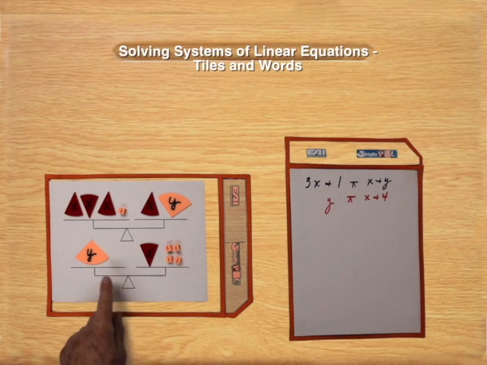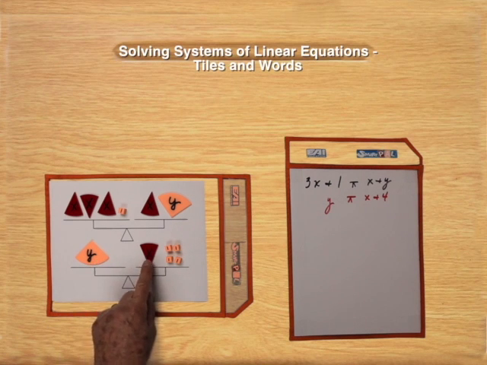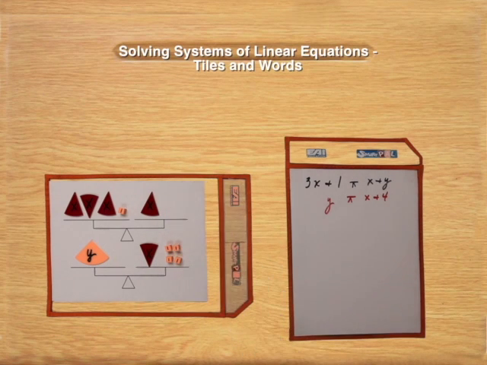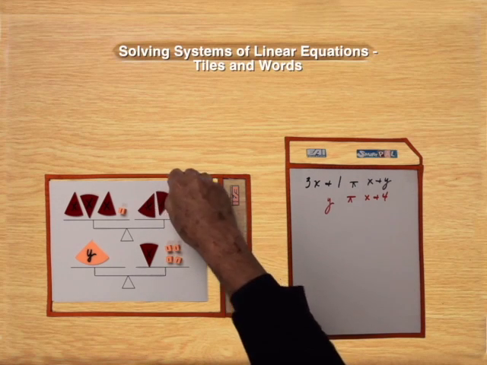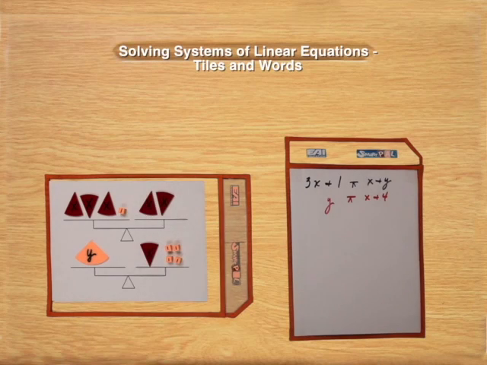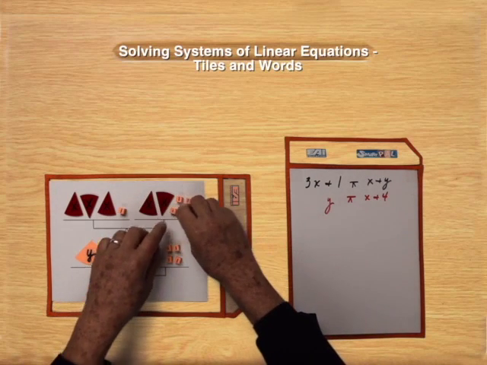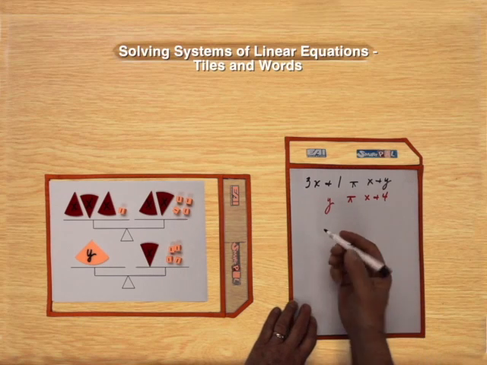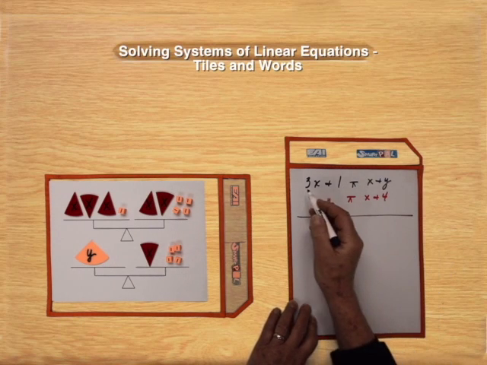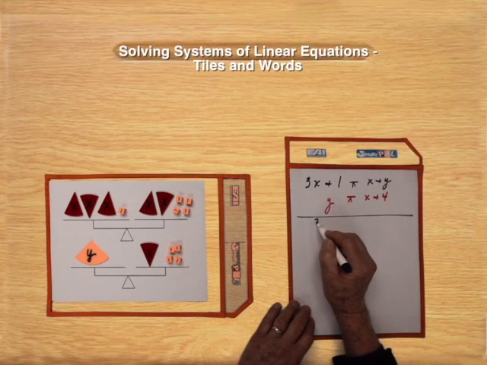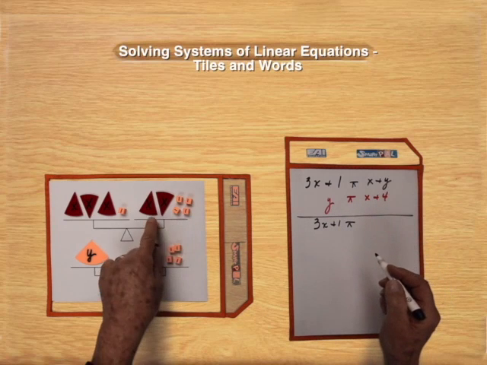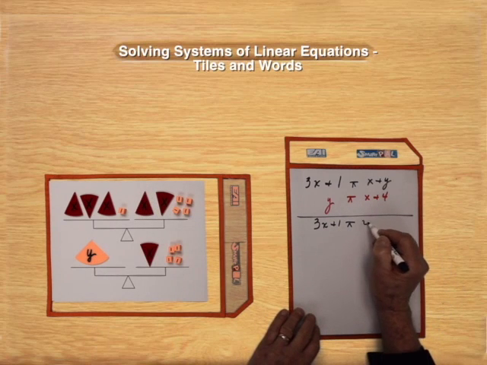Well, what we have here is we know that y balances x and 4. So what we can do is we can take out this y and substitute an x, just like the one here, and 4 1's. So let's record that. What we have done is we've kept the 3x and 1, balancing the first x that we had from the original problem.